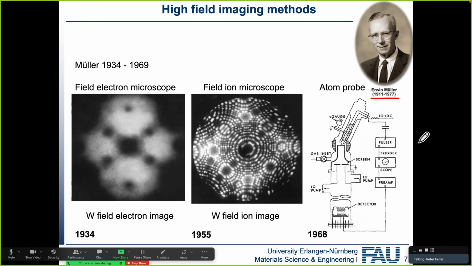And he also built the first atom probe in the late 60s. So you can see here, this is the basic setup. Here you've got the specimen at the end of a cryo shroud and some coolant, liquid hydrogen. And this was all made from quartz glass and pumped down here. And here you have the detector, which in this case is, I think, already a microchannel plate in this sketch.